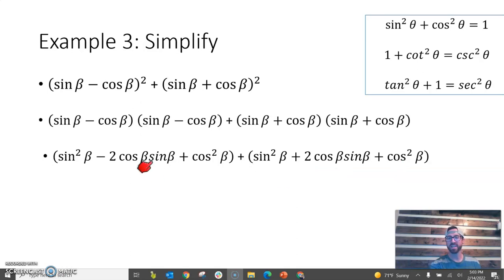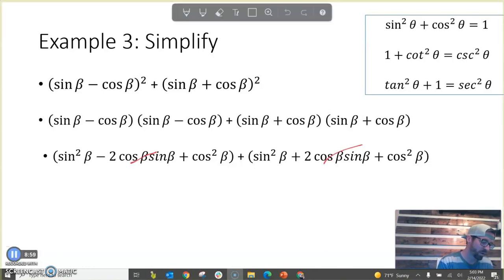The first thing I see is that the minus 2 cosine beta sine beta and plus 2 cosine beta sine beta, those look to me like they're just going to cancel out. And then what we have is a sine squared beta, a cosine squared beta, a sine squared beta, and a cosine squared beta.